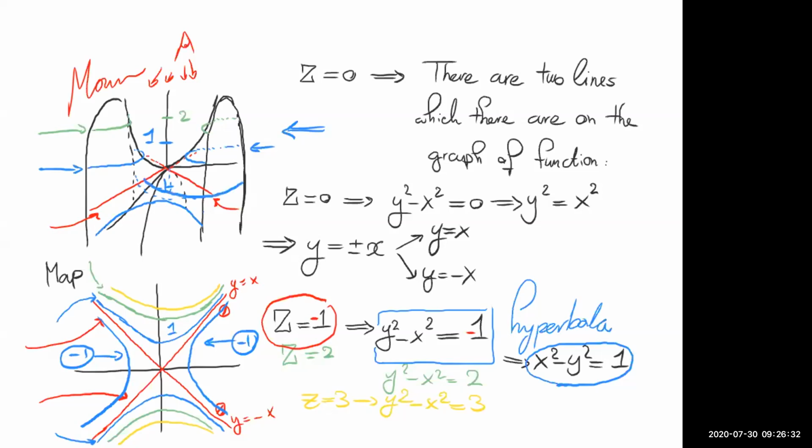That's this curve on the other side. My sketching skills are not very good, but it's on the other side. And then we can continue with z equal to -2 and so on, and we would get more of these hyperbolas. z equals -2, -3, etc.